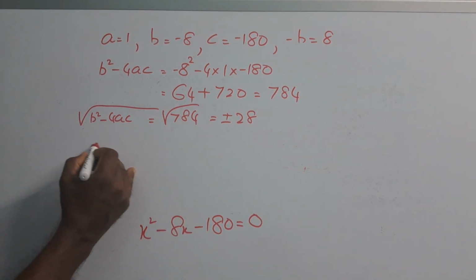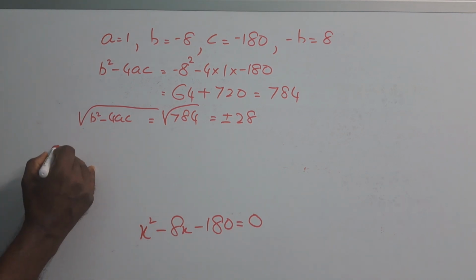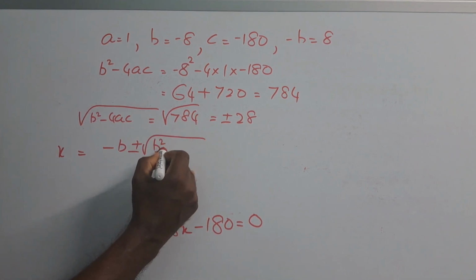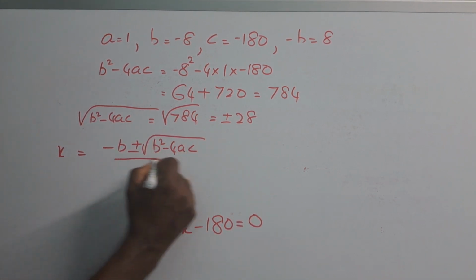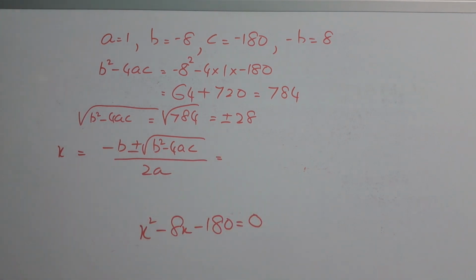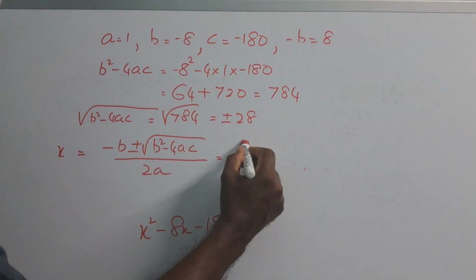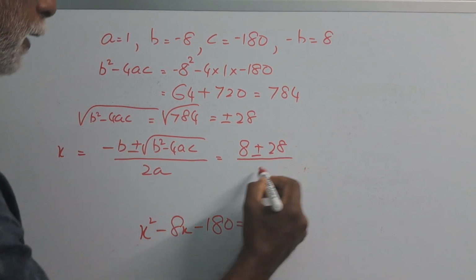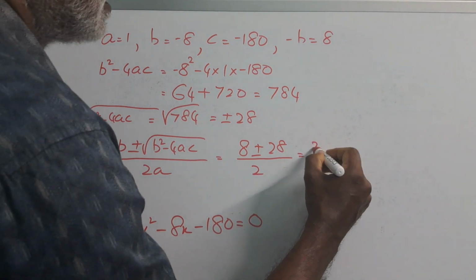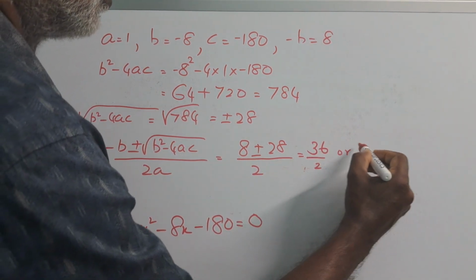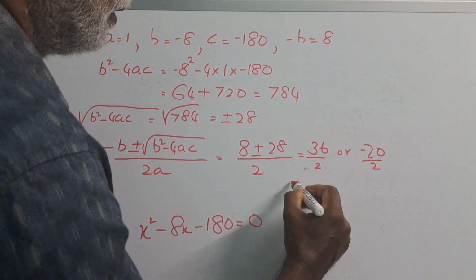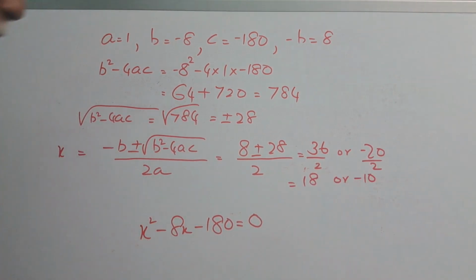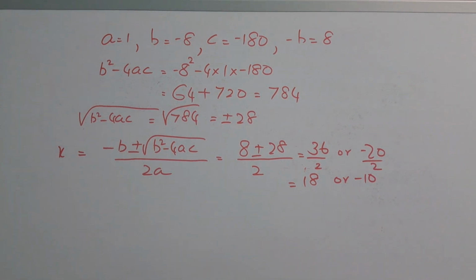Now the solution is, the roots are, or x is equal to minus b plus or minus root of b square minus 4ac by 2a equals 8, minus b is 8, plus or minus 28 by 2 equals 36 by 2 or minus 20 by 2 equals 18 or minus 10.